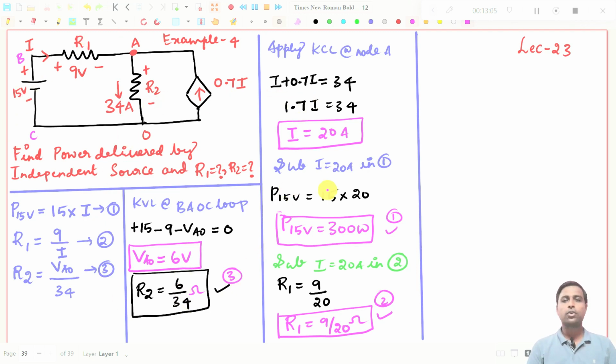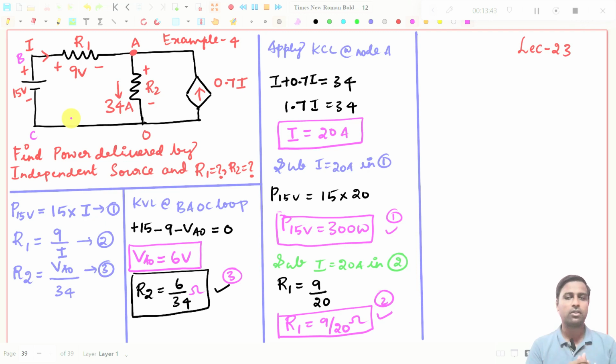So this is how you have to approach these kinds of problems. You apply KCL and KVL wisely. Where voltages are present, you apply KVL for those things, and where you can easily write the current equation, there you apply Kirchhoff's current law.